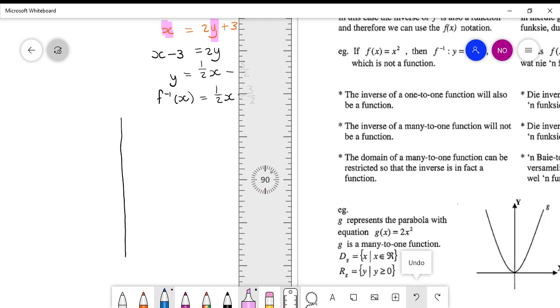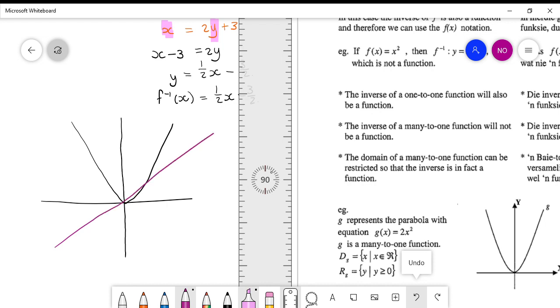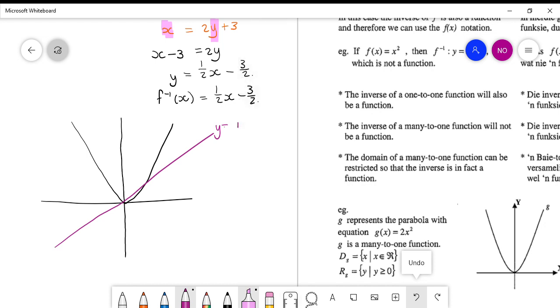But if I have a parabola which I then mirror in that y is equal to x, then it forms this.